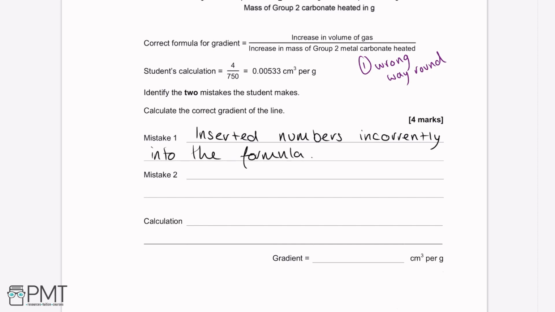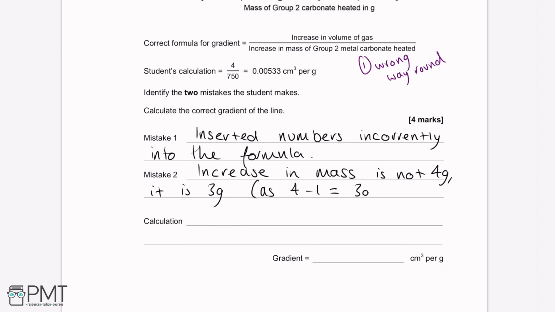Now the second mistake we said was in calculating the mass of group 2 carbonate. So they have said that the increase in mass is 4, but I'm going to say that the increase in mass is not 4, it is 3 grams, and then I'm just going to back it up saying as 4 minus 1 equals 3.